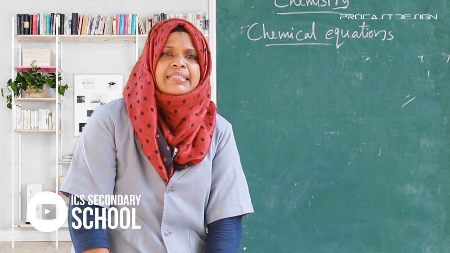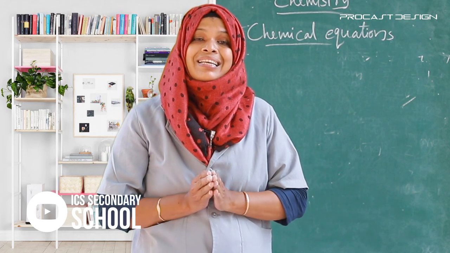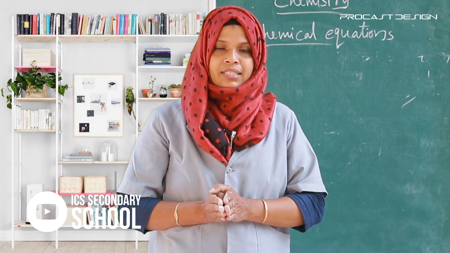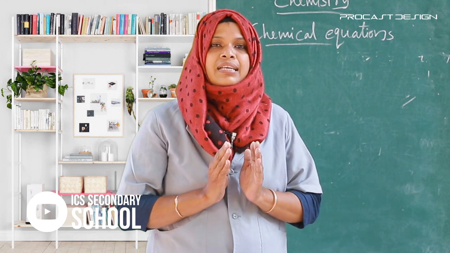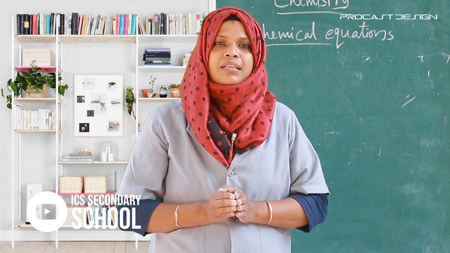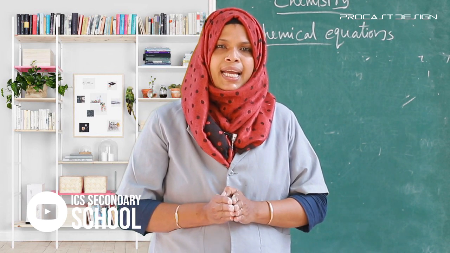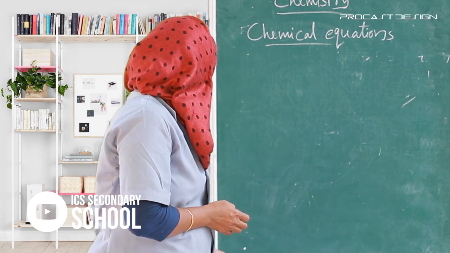You know that zinc and hydrochloric acid react to form zinc chloride and hydrogen. You have studied this in earlier classes. Zinc reacts with hydrochloric acid and forms zinc chloride and hydrogen.